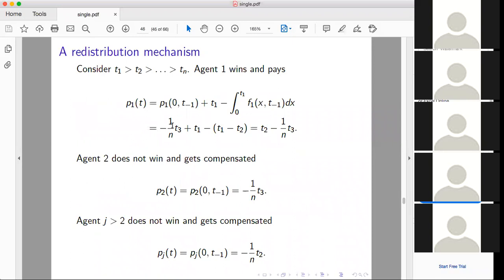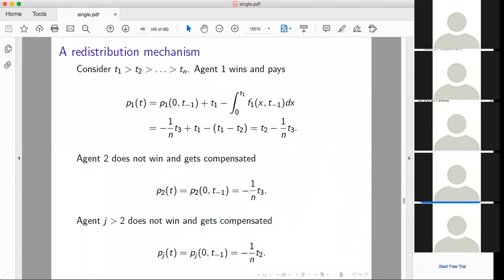Second highest in Tj is T3. So this is minus 1 over n times T3. So it comes out to be T2 minus T3 by n. So agent 1 pays T2 but is compensated T3 by n.